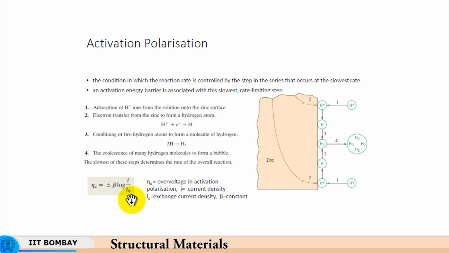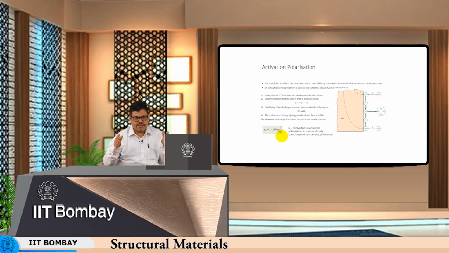So, basically what we are trying to see is when there is no net reaction in equilibrium condition, when the oxidation and reduction reactions are proceeding at an equal rate, so at a given electrode there is neither reduction nor oxidation. This kind of current density is seen as the reference exchange current density. I is the current density under non-equilibrium condition.